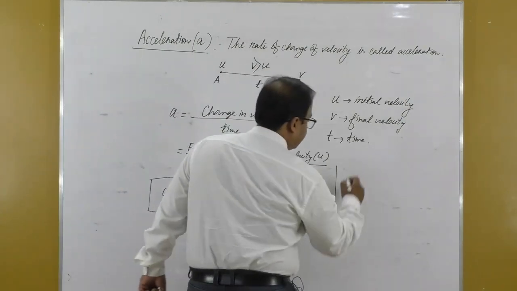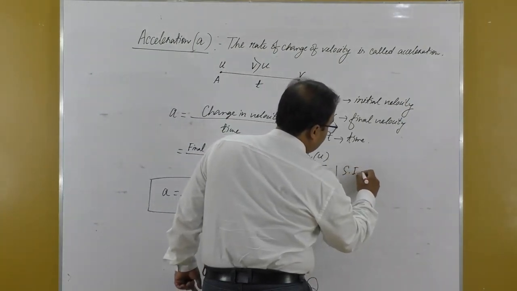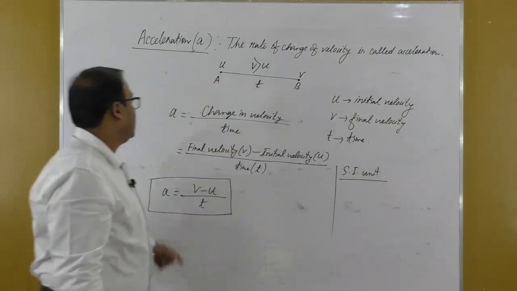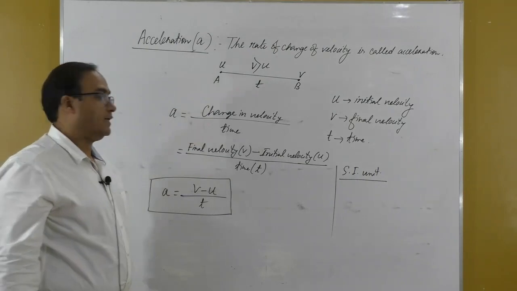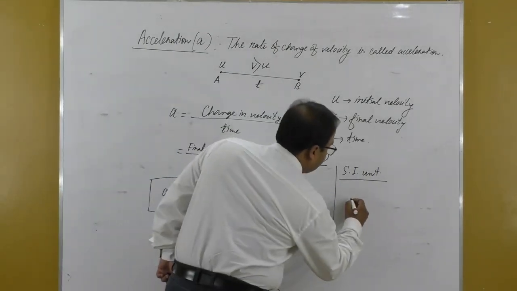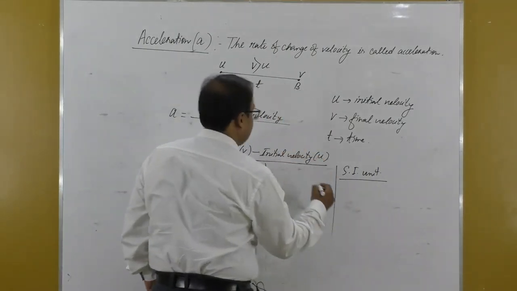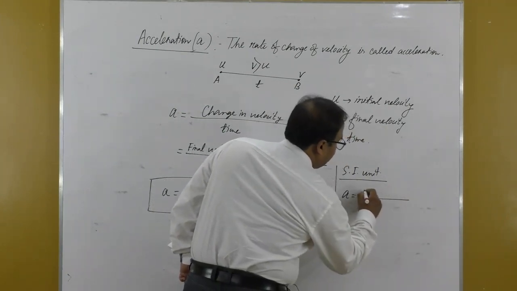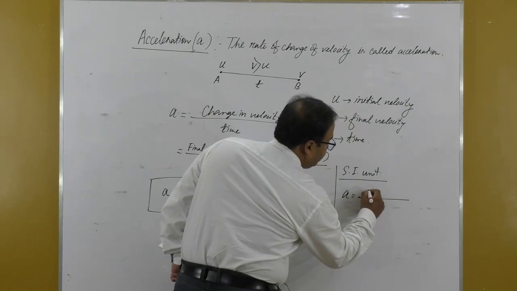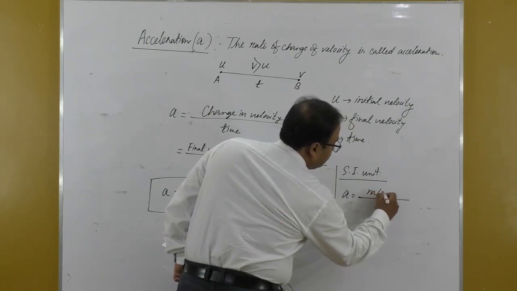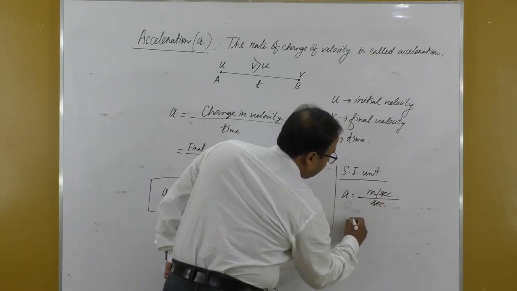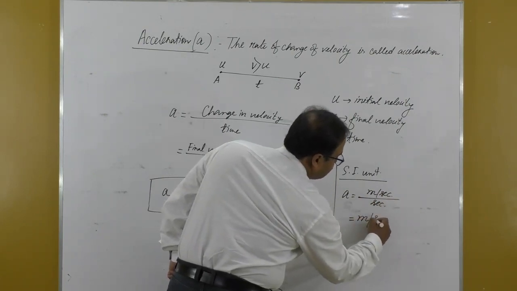Now SI unit. SI unit of acceleration. Acceleration is change in velocity by time. So the velocity unit is meter per second and the time unit is second. So it will be meter per second square.